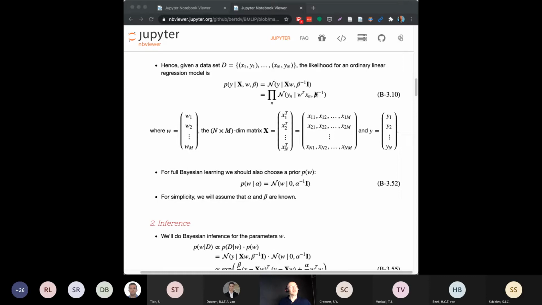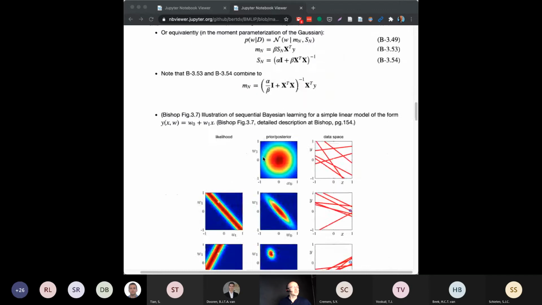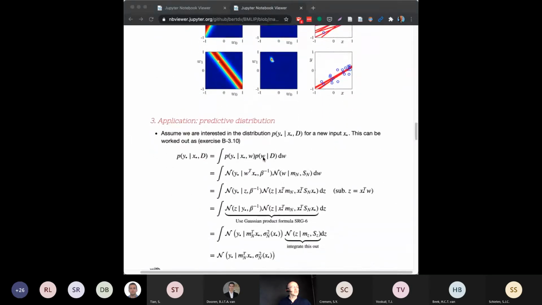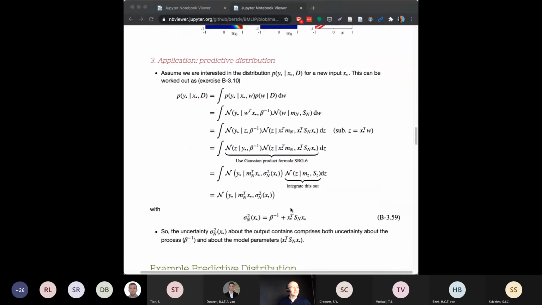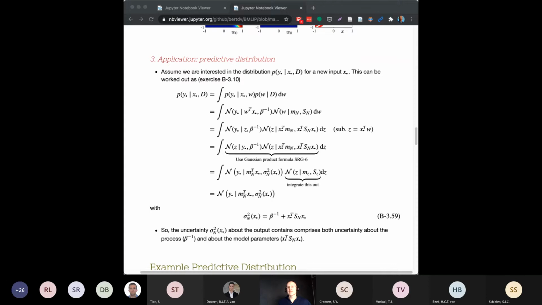So let's allow for some error. Beta minus 1 is the precision. So that's always in there. And then some extra uncertainty. This is due to the remaining uncertainty about the parameters W. So there are two sources of uncertainty. That explains this expression.